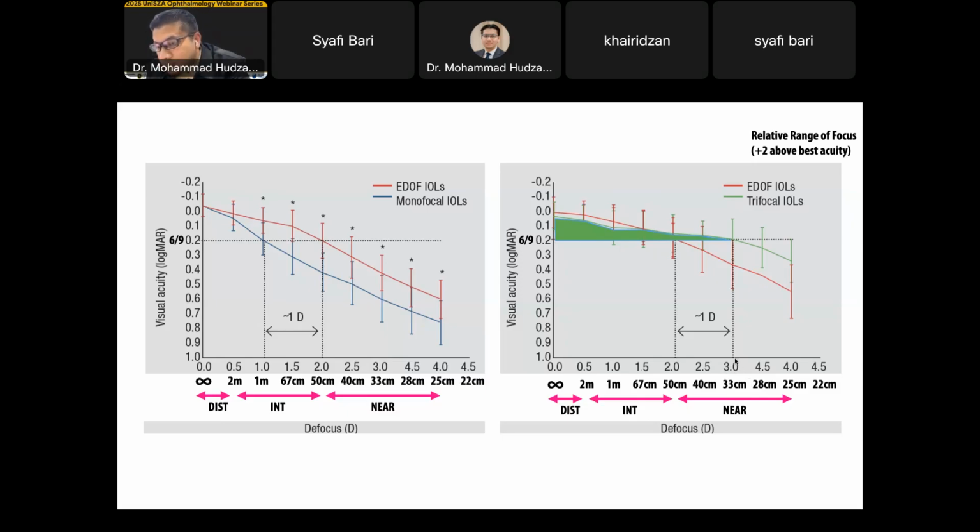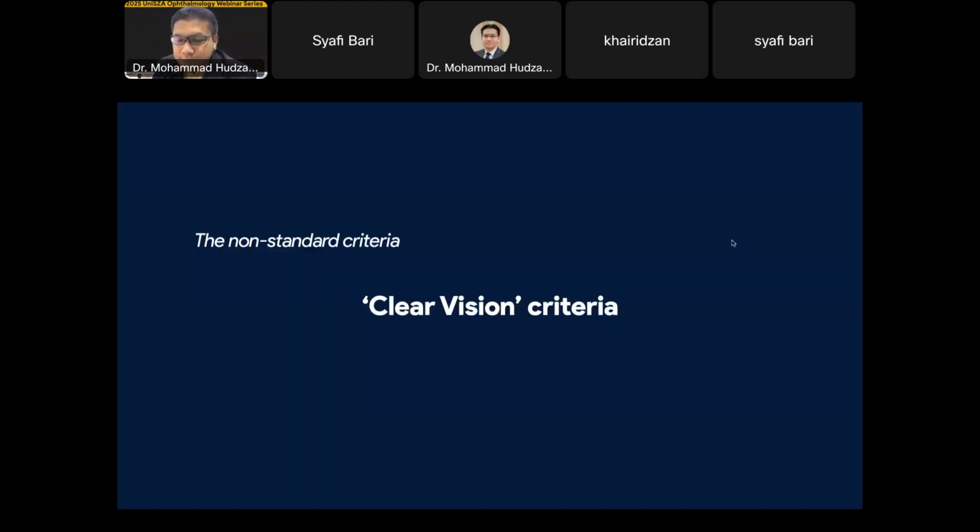Remember, 1 over 3 is equal to 0.33. So 33 centimeters is where the vision drops. So the lens can provide quite an extensive range of vision from 33 centimeters to infinity. This is the property of a trifocal IOL.